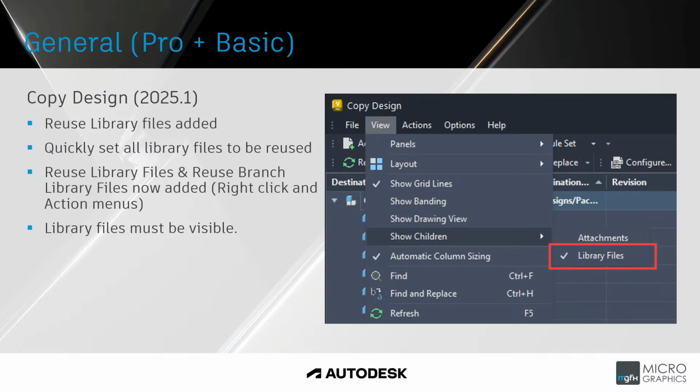If the drawings are not shown, they are automatically copied with the parents essentially. So in this case here, this will be one of those cases where you may have library files that you want to create copies of so that you can modify them and make changes to those library files. But we have the ability here now to either choose to reuse or copy those library files.